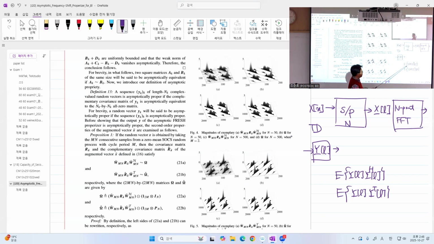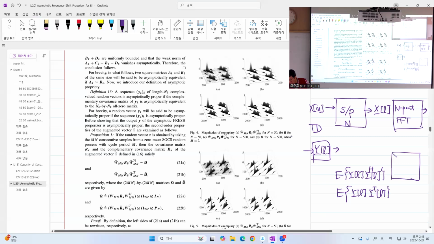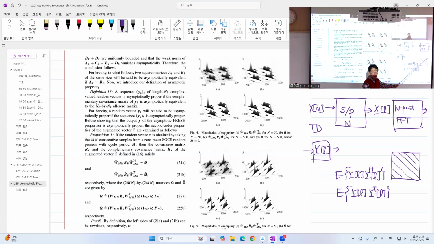Interestingly, if you take a large enough size n, then only those elements on this diagonal and off-diagonal lines are non-zero or far from zero, and all the other elements are zero, something like that.